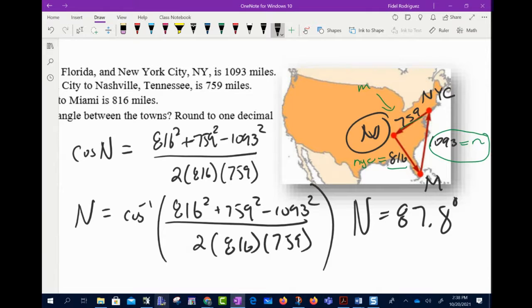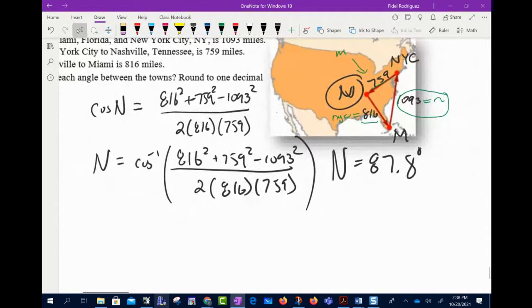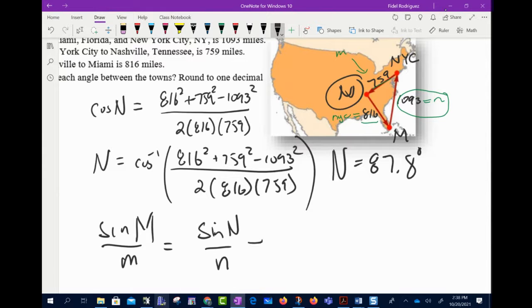So, y'all, we can do this a couple of different ways. One way, let's use the law of sines. The law of sines is a much easier process, but I have to know at least one of those angles. So suppose I do it for the angle M. I might say the sine of M over little m equals the sine of N over little n.